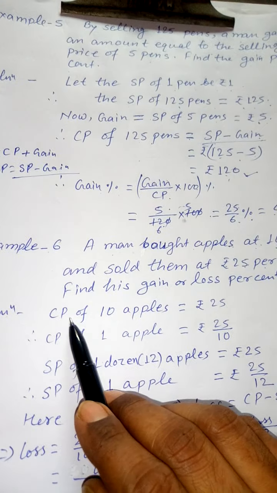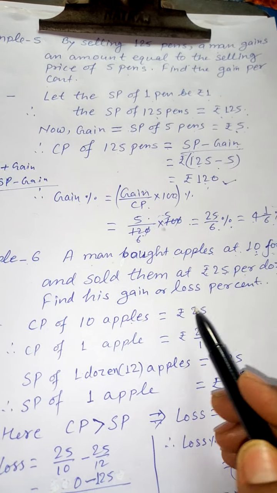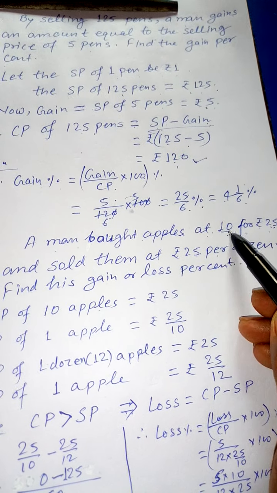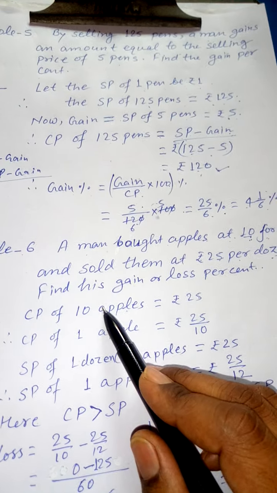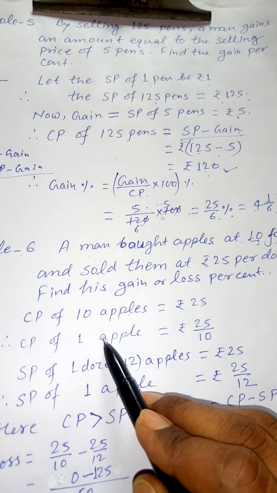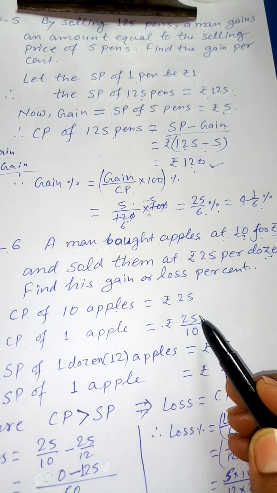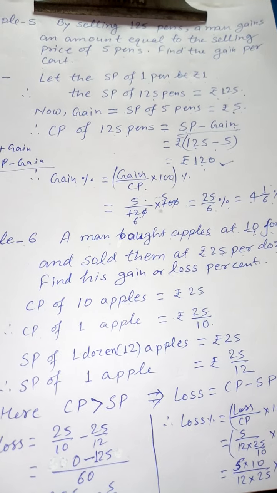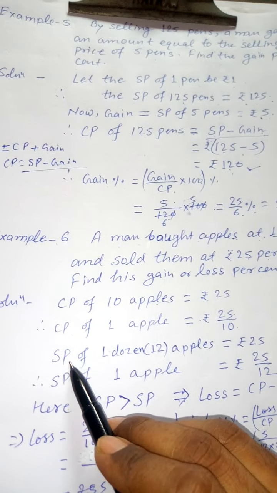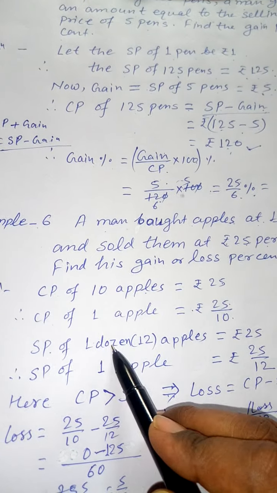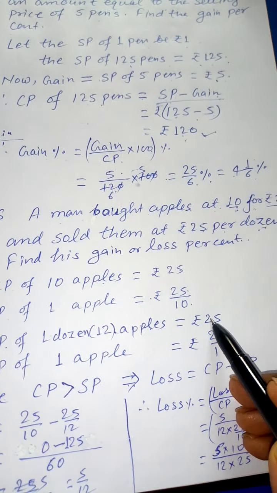Here we can see that the cost price of 10 apples is 25 rupees. So therefore the cost price of 1 apple equals 25 by 10 by unitary method. And now the selling price of 1 dozen, that is 12 apples, is 25.